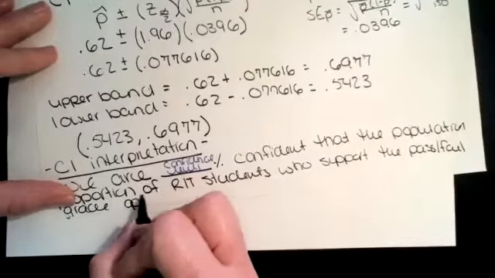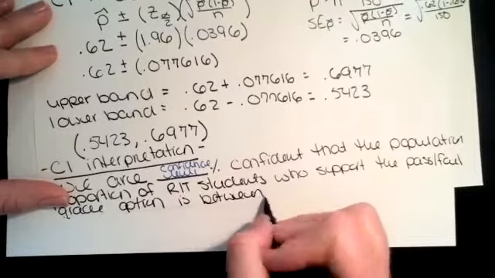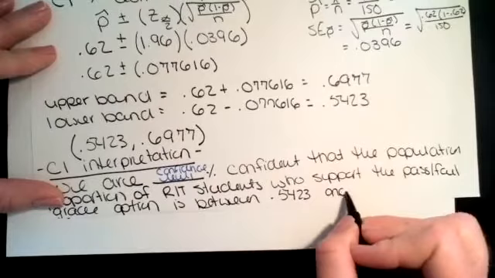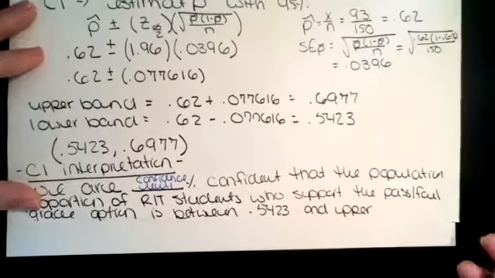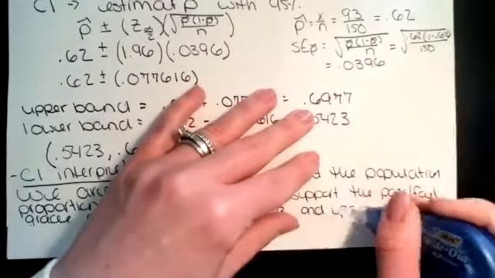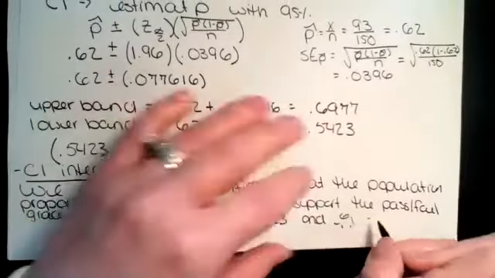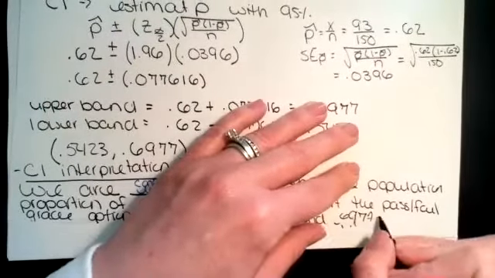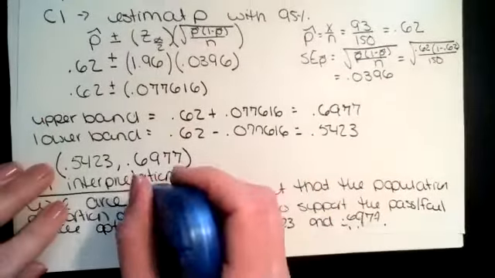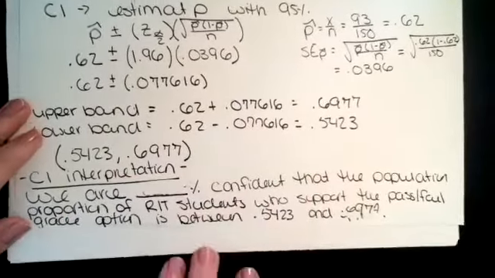I guess I just started doing two things at once. Is between my lower bound, 0.5423, and my upper bound, 0.6977. I was really going to write a blanket statement, and I'll have to write it on the next page because I started intertwining both.